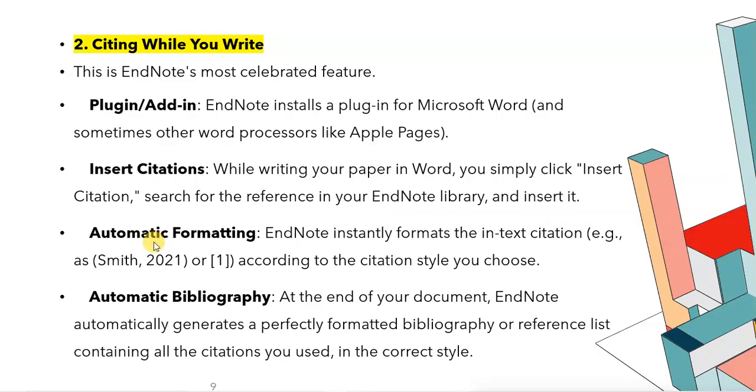It also automatically formats. For example, EndNote instantly formats the in-text citation according to the citation style you choose. For example, when the citation style is annotated, you can change it to Vancouver. It instantly changes the format.